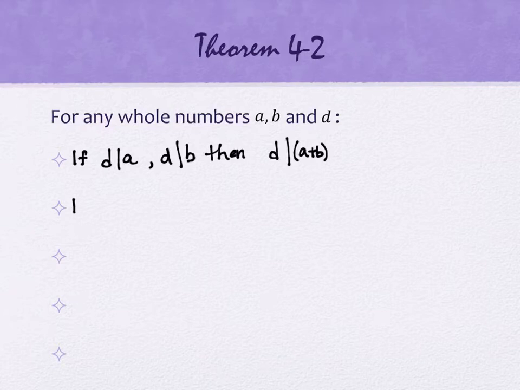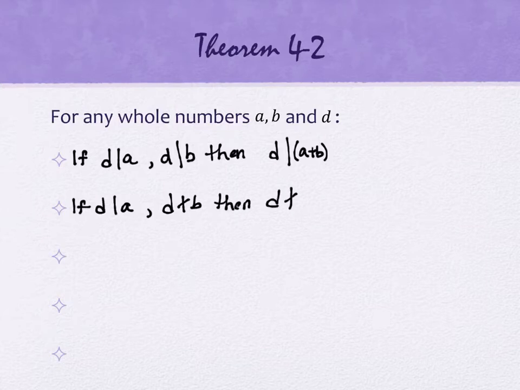The second one says if D divides A and D does not divide B, then D does not divide A plus B. So if it fails to divide one of them, it will fail to divide the sum.